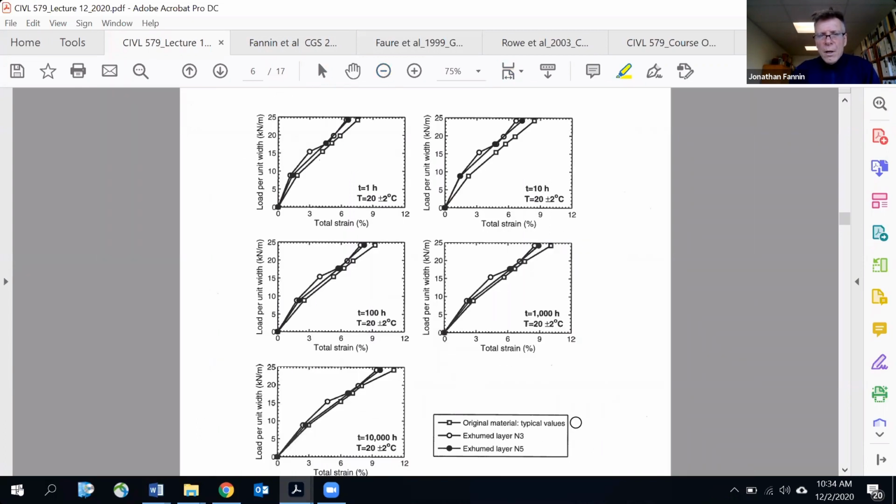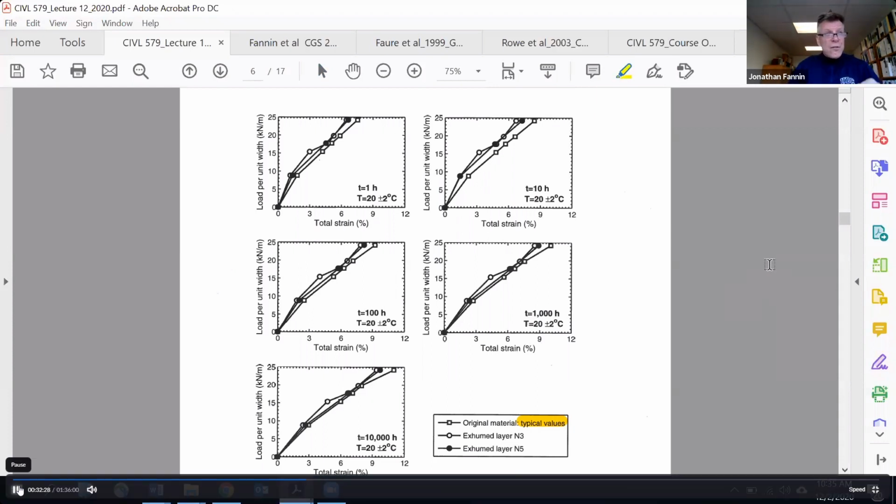Now, once again, we're relying on typical values for the original material. These would be the isochronous load strain curves, for example, that you looked at when you went through the first assignment. We didn't have custom, nor could we reasonably expect custom, isochronous load strain curves for the lot that was delivered to Norway and used in construction.